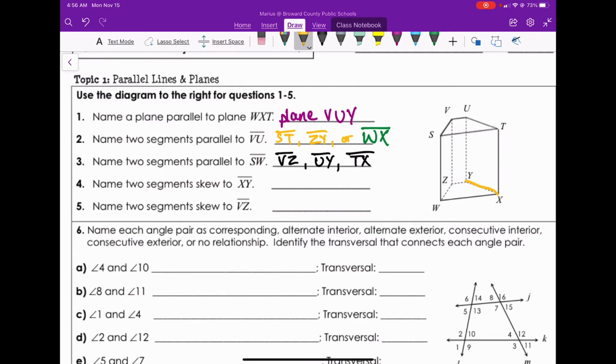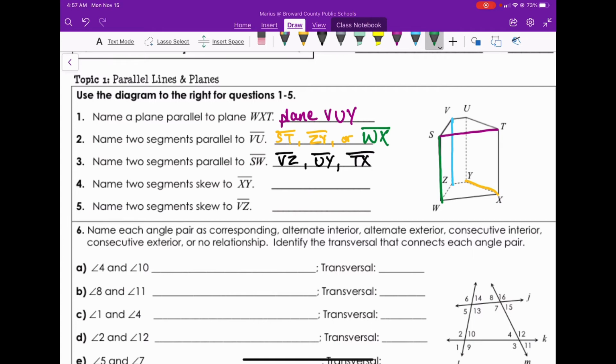So for example, a line that's never gonna touch it but never intersects is VZ. Somebody else may say line ST. Somebody else could say line SW. Okay.